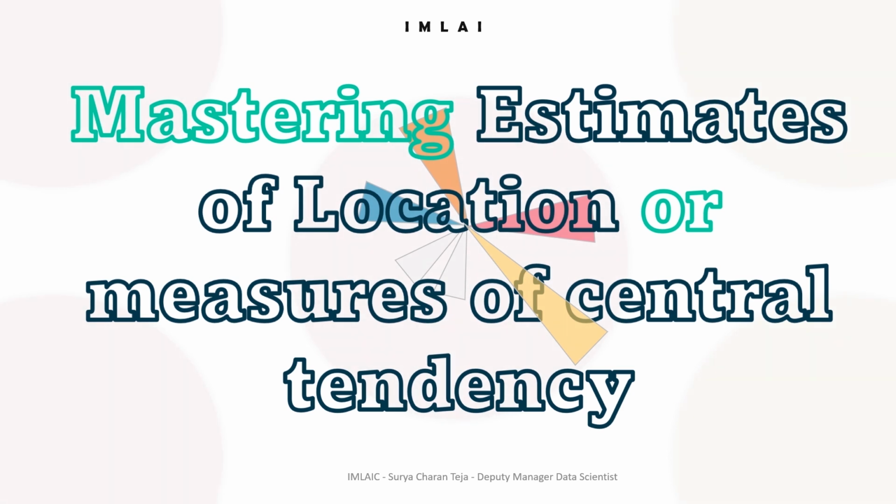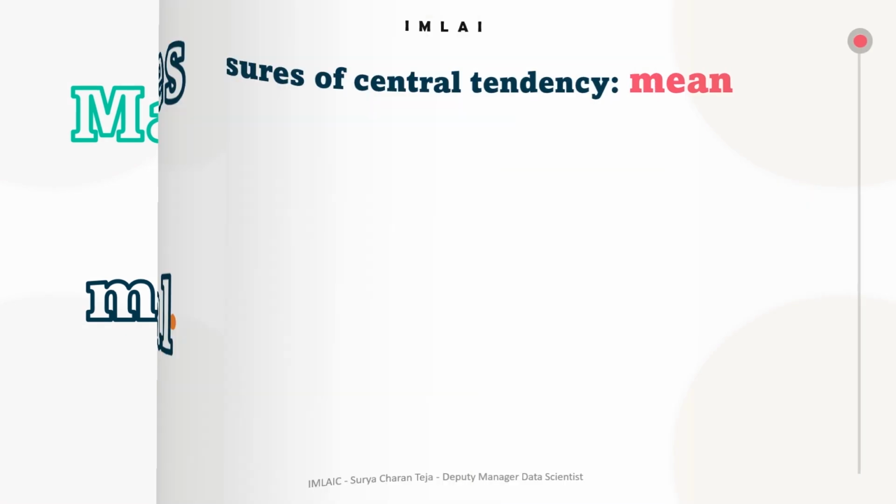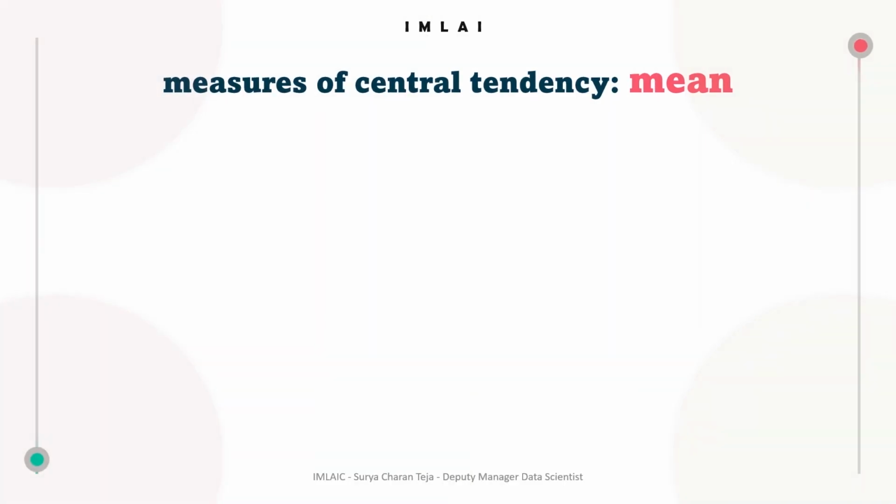That's why we call them measures of central tendency, measures of central location, or estimates of location. There are several commonly used measures of central tendency, including mean, mode, median. However, we will begin with mean.